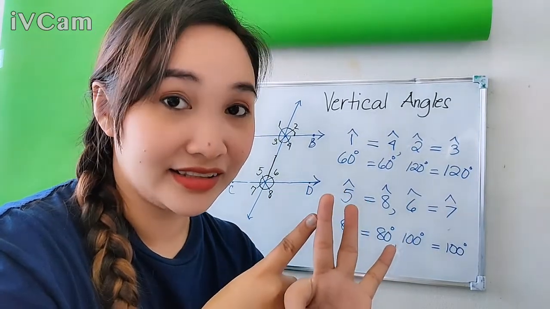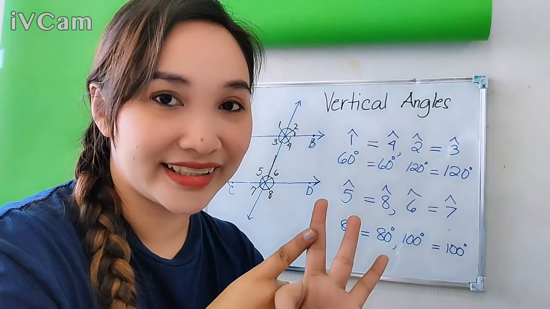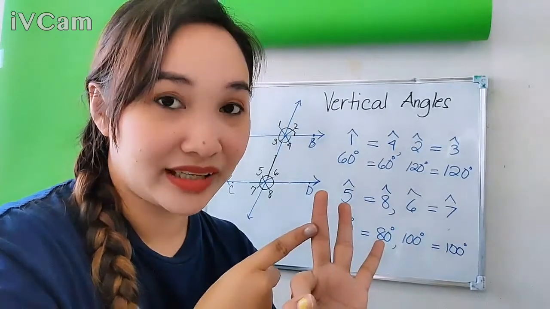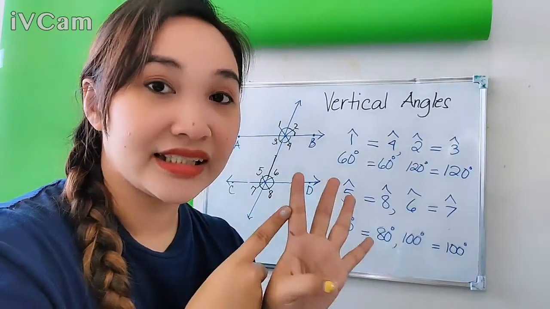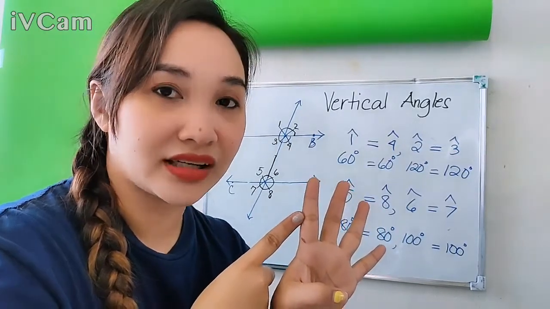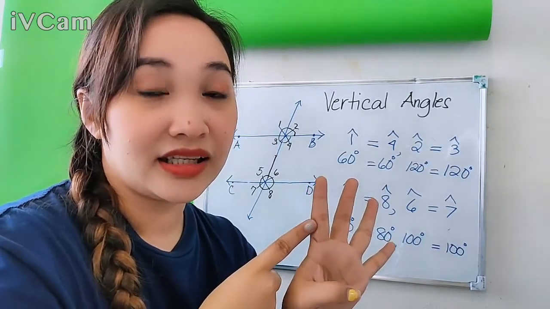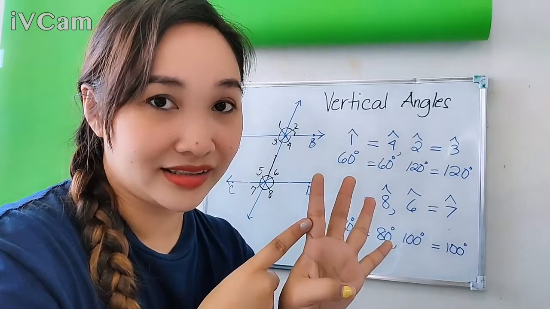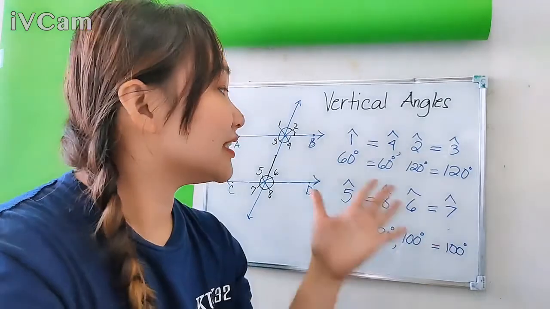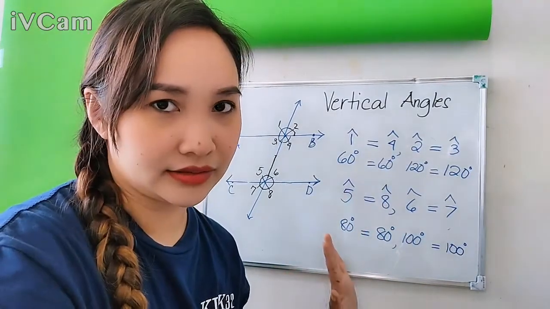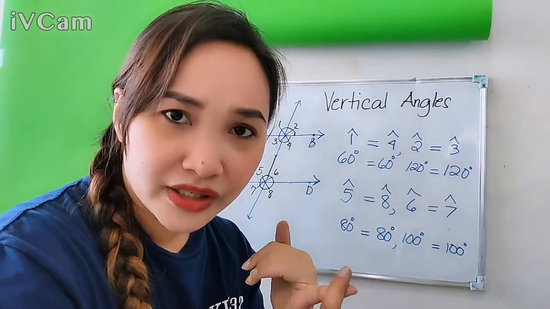Next we have alternate interior and exterior angles, meaning the opposite angles are equal. Next we have vertical angles, this is also equal. So just to memorize that one, corresponding, alternate, and vertical angles are equal.